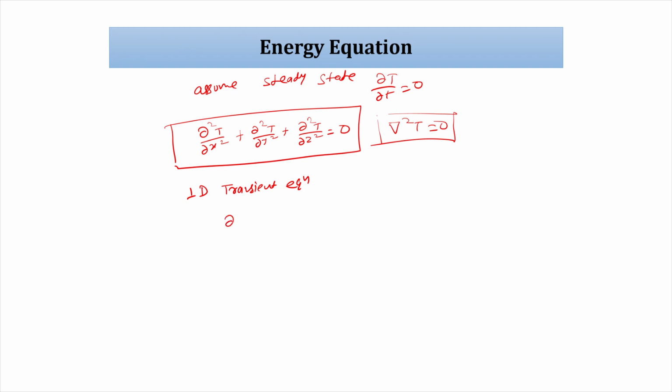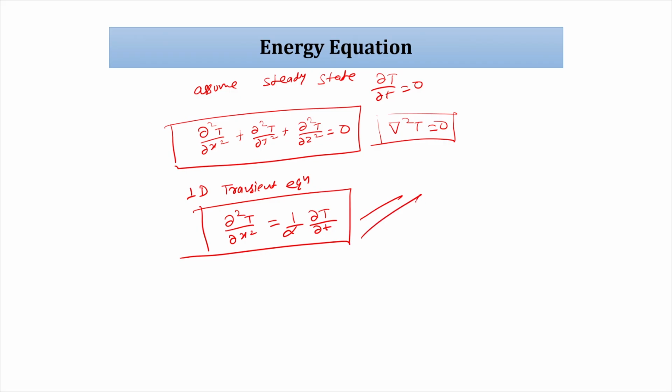And the transient term is saying, so we can write like this, 2 dimension: del square T by del x square plus del square T by del y square equal to 1 by alpha del T by del t. We are going to use this equation very frequently in our discussions. So, these all equations are in Cartesian coordinate, not in polar coordinates, like spherical and cylindrical coordinates.